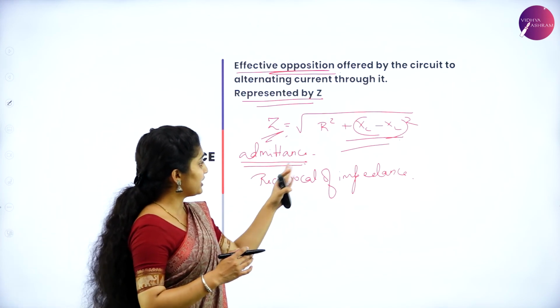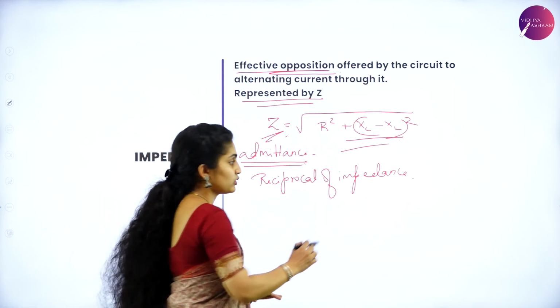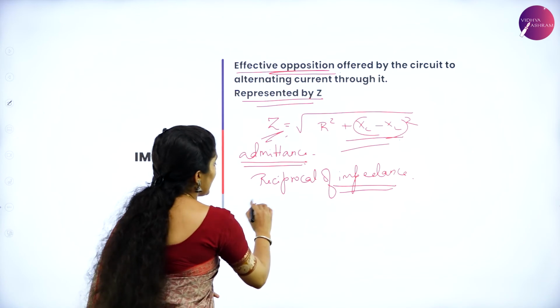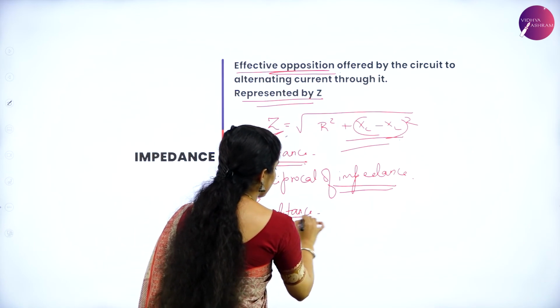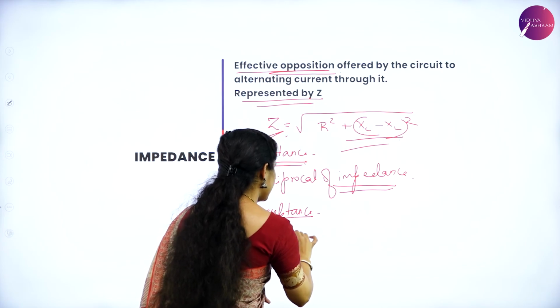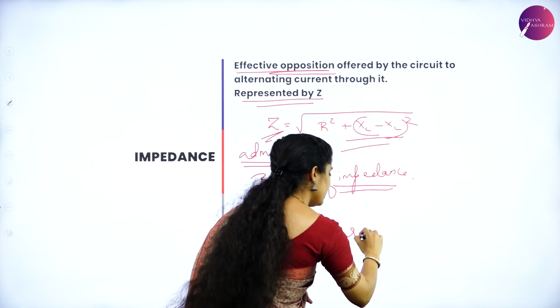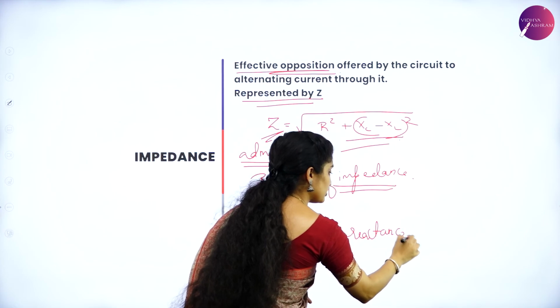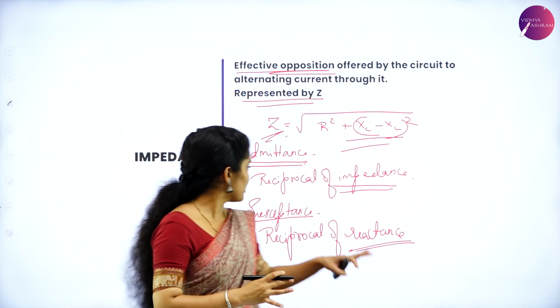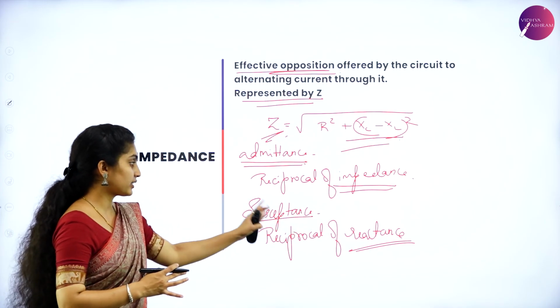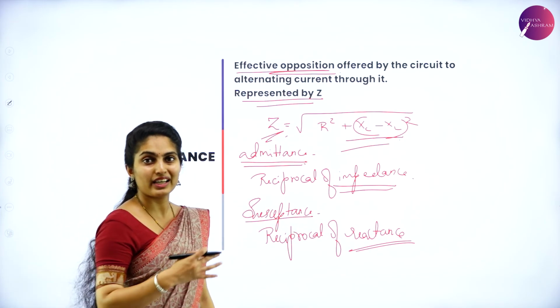In the same way, admittance is the reciprocal of the impedance. And you also have susceptance, which is the reciprocal of the reactance. In the case of reactance, you have inductive reactance and capacitive reactance. The reciprocal of those reactances is called susceptance.